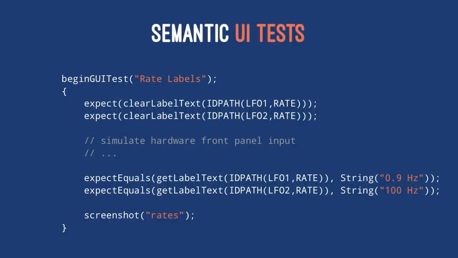And so this was the other example I was talking about, evaluating if a particular label for the LFO has been updated when front panel controls change. Again, you create assertions, you make sure that you start from a clean slate, make sure that those labels are in a state that you know is predictable. In this case, I will just clear the labels.